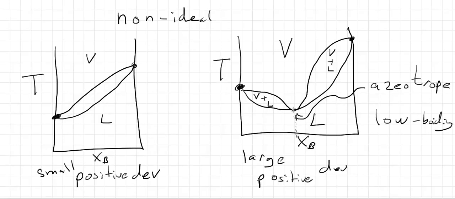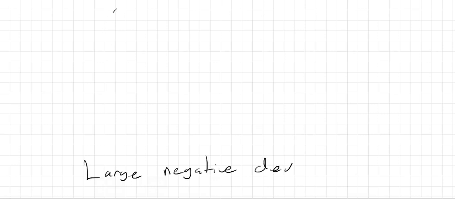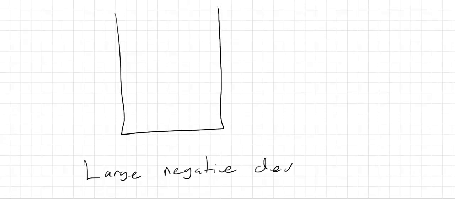And you can imagine what would happen if you had a large negative deviation from Raoult's law. It would be just the opposite. And I'll just sketch one out really quickly. If you had a large negative deviation from Raoult's law, that means that the vapor pressure is low because the components have a very favorable interaction with one another. So they tend to stay in the liquid phase.